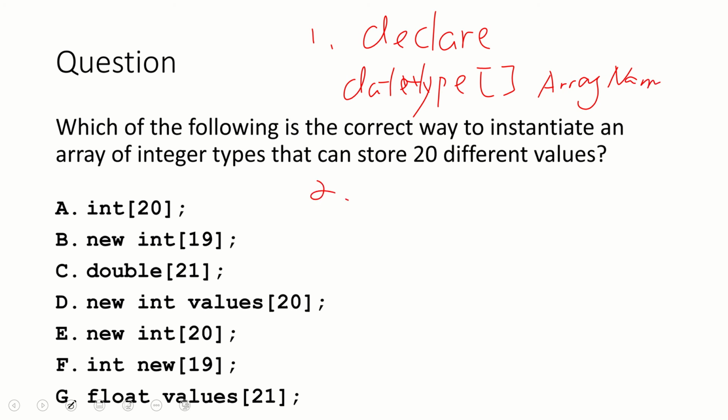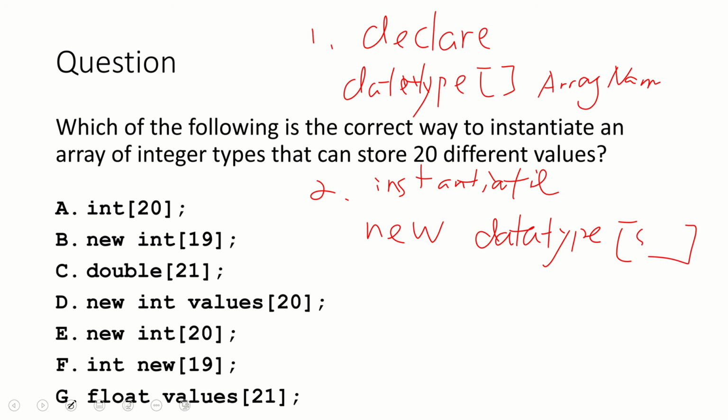The second is instantiate. How? You assign new with the data type and a size. So basically, you just assign this part to there. They can be combined together. So this is one, and this is the combined one.